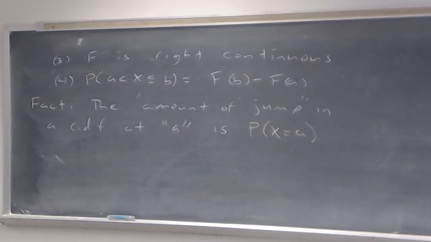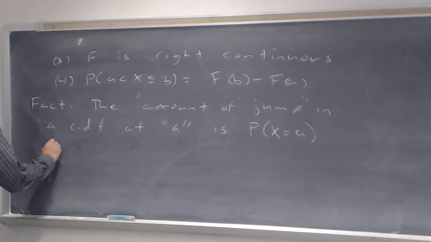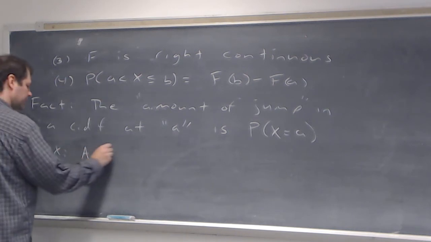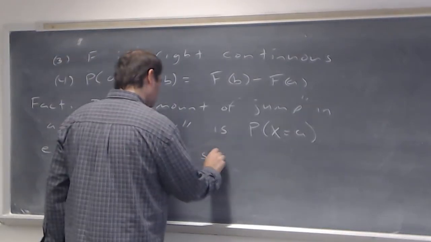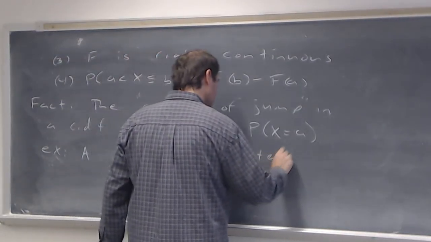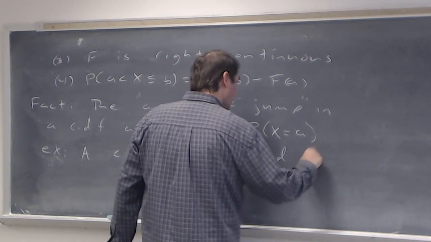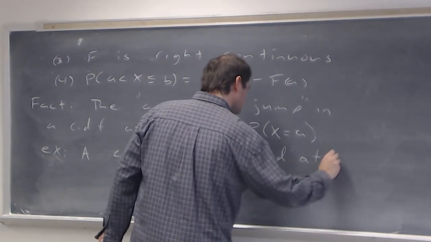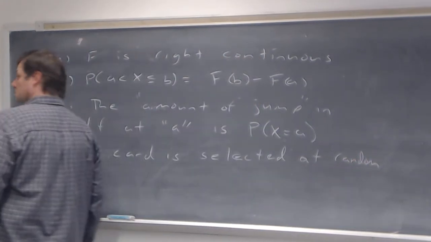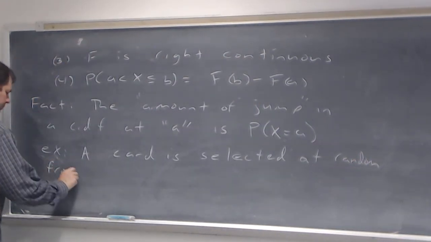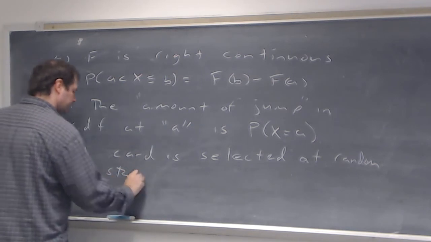All right, to get a better understanding of this CDF, let's look at an example. Let's look at the example we had. A card is selected at random from a standard deck.